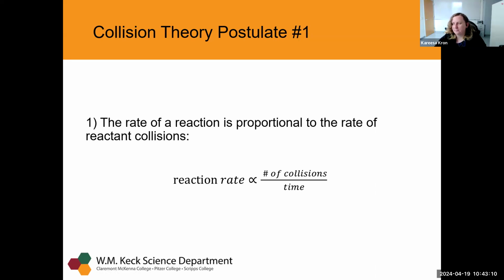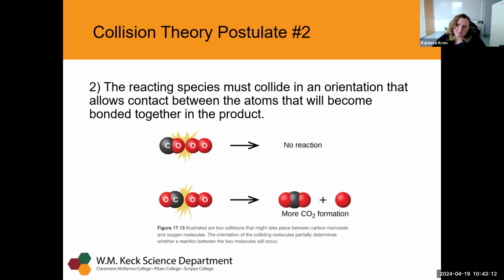The second postulate of collision theory is that the reacting species must collide in the orientation that contacts the atoms that are going to be bonded in the product. So if you're trying to form CO2 from a carbon monoxide and an oxygen gas molecule, if the oxygens run into each other, they're not going to form CO2 and they're not going to bind to each other.